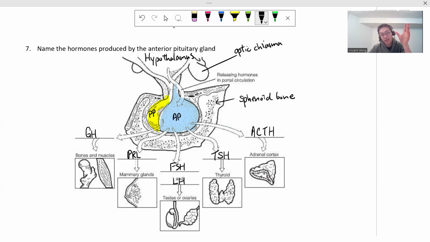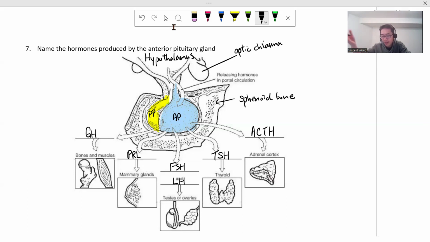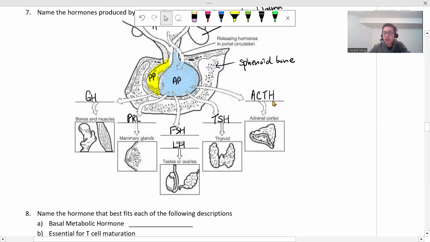The glomerulus is a capillary, and then you have the peritubular capillary connected to it, in that case by the efferent arteriole. So these are all called portal systems. But we know the releasing hormones, right? GnRH, TRH, CRH. Okay. Moving on.